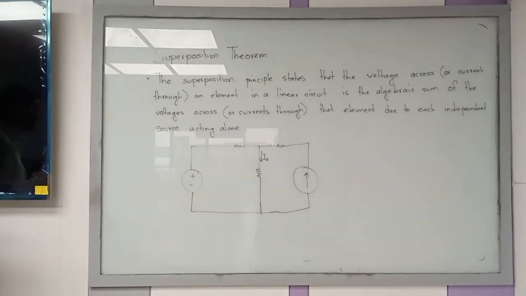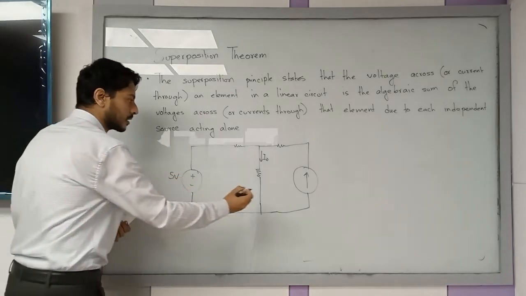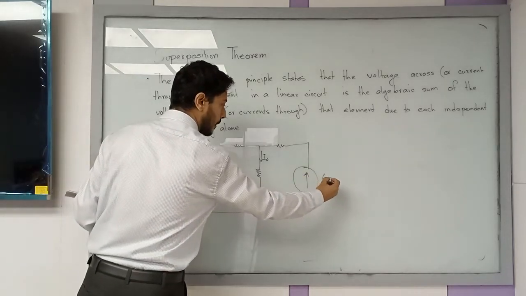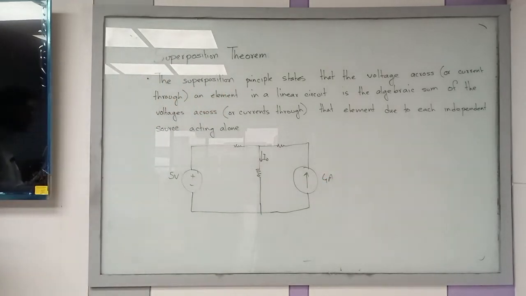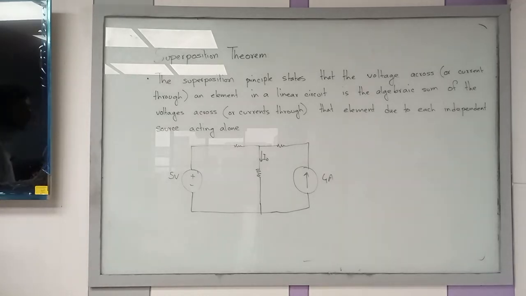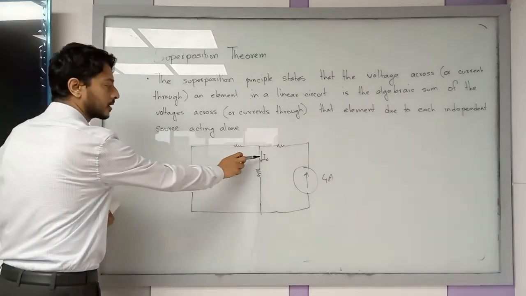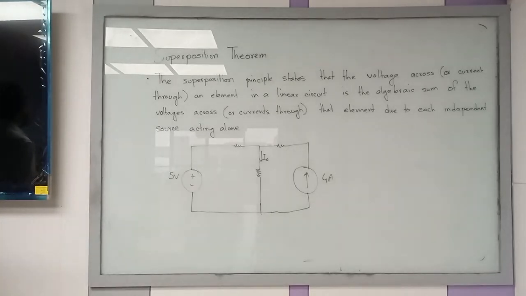So using the superposition theorem, how will you do this? Let's say this is 5 volt and this is 4 ampere. Okay? So what you need to do is remove one of the sources and find the current at this point.